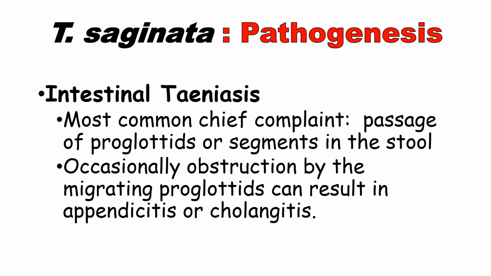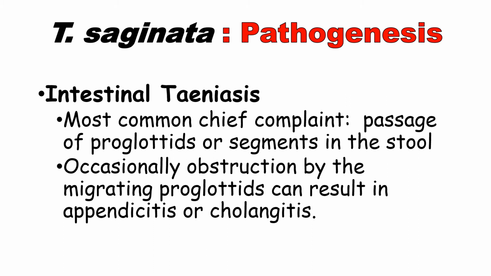So, for the pathogenesis of Taenia saginata, since what infects you is the cysticercus, the larvae, definitely, if you get infected by the cysticercus larvae, it may mature and develop, and it will cause what we call intestinal taeniasis, or there is an adult worm infecting inside your intestine.